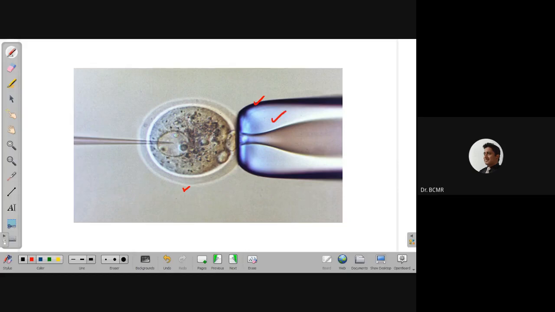This is the suction pipette, and the fertilized egg. The outer covering, you see all these things, that is all zona pellucida. And here is the needle through which the microinjection is performed.